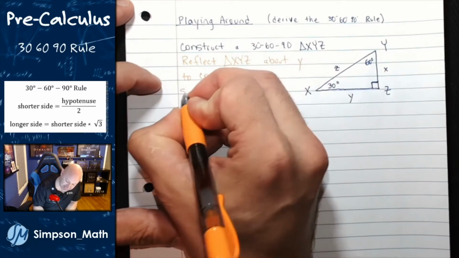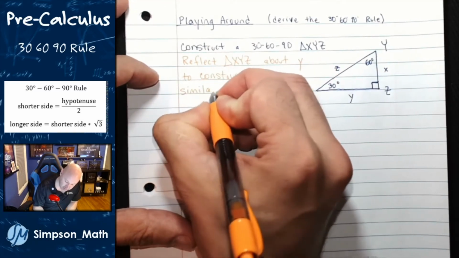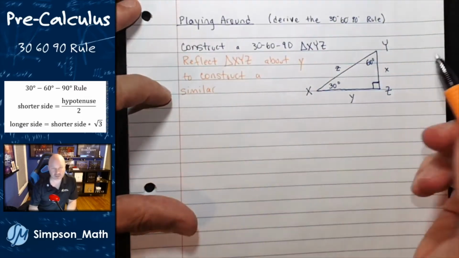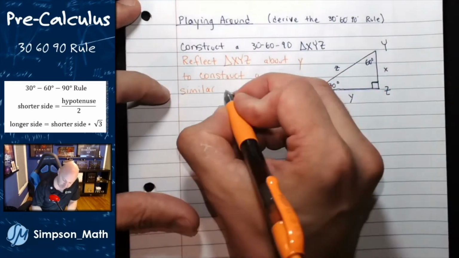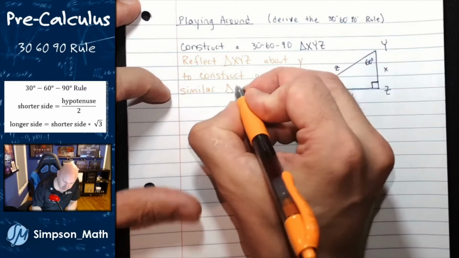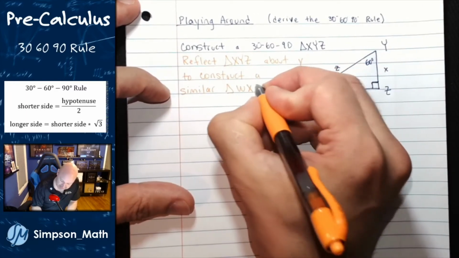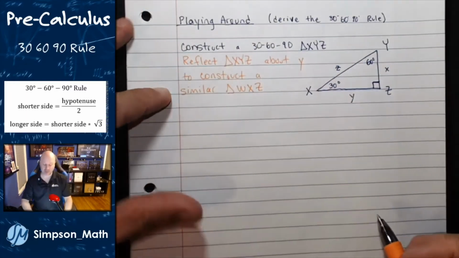And I'm going to say the word similar. Similar triangles should maybe mean something to you. And I'll call this one WXZ, or maybe XWZ.